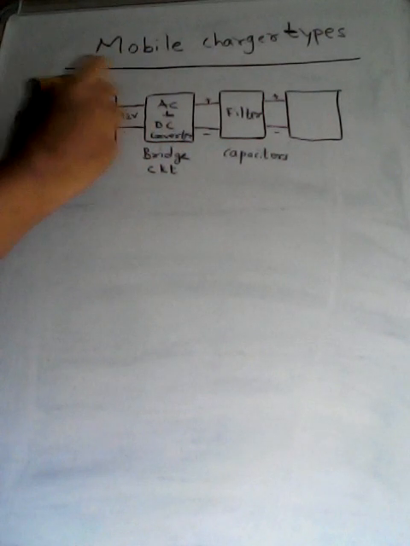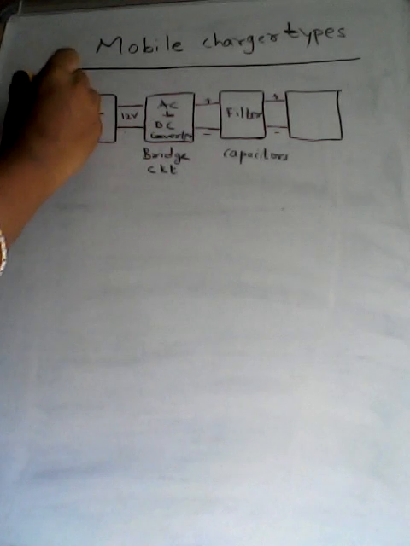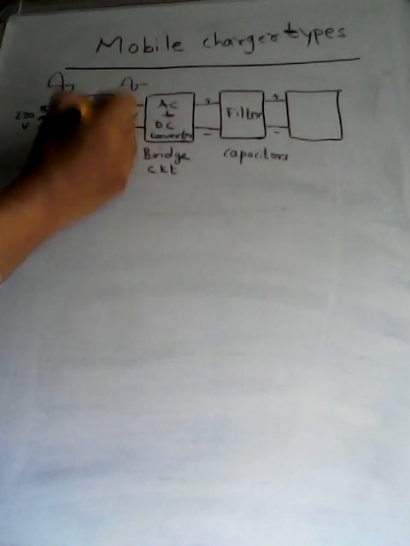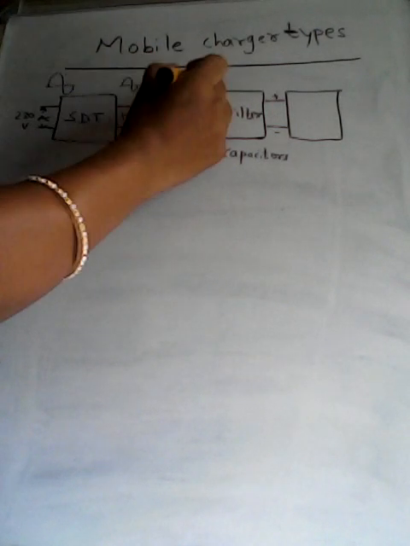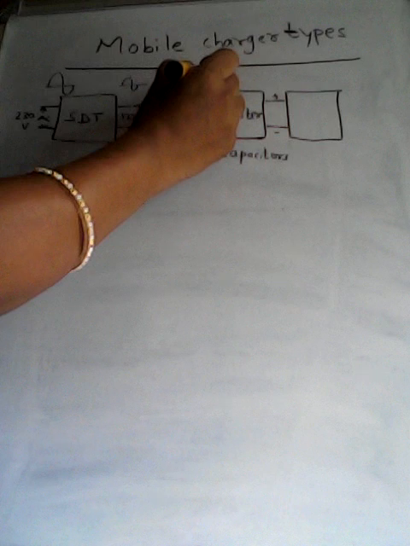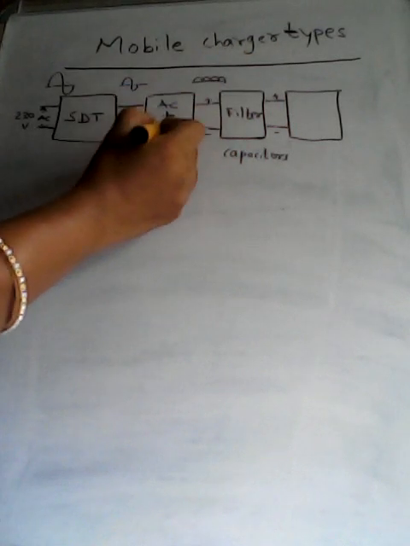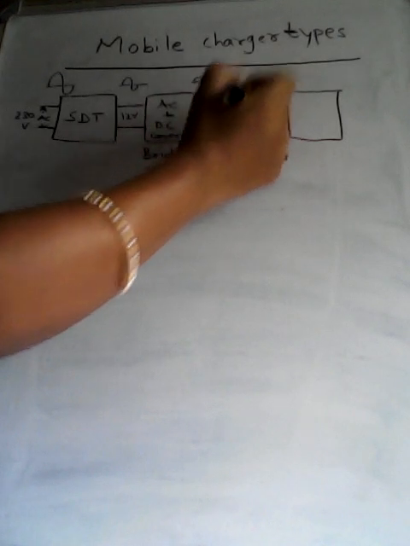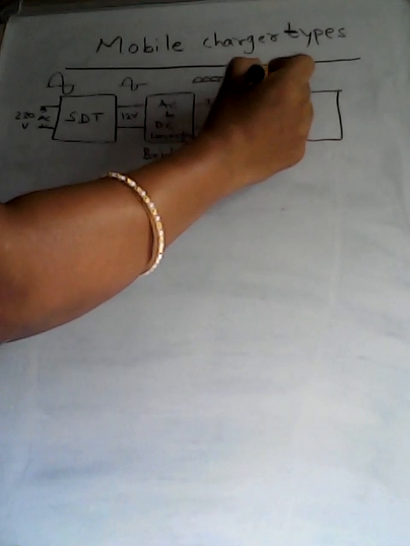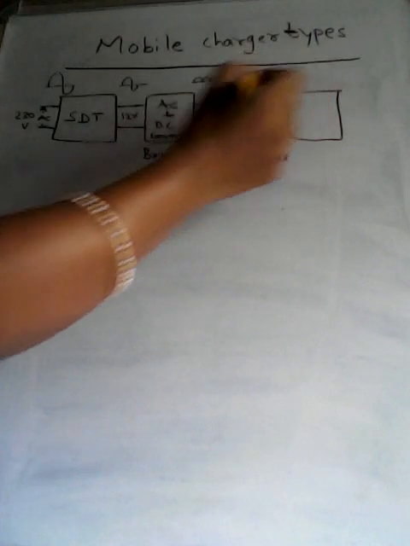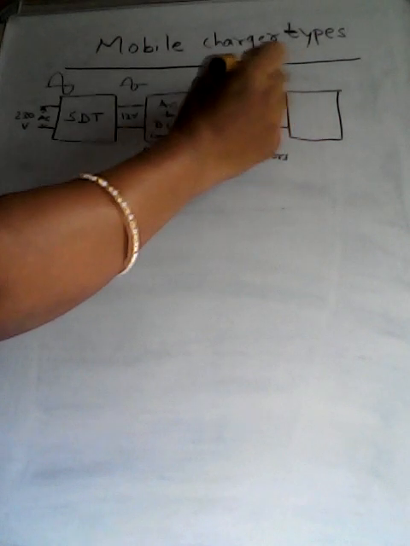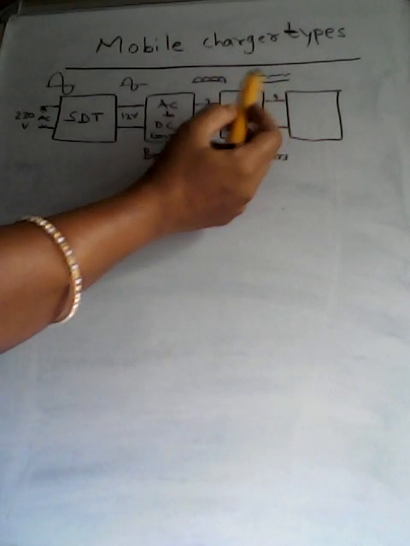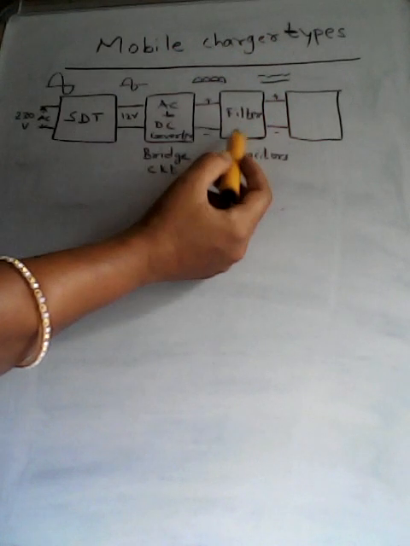If we consider the waveform also here, this is input which is AC, which has been stepped down here to 12 volts, and this is converted into DC here across these two terminals. Then the function of filter is to remove the ripples and make this almost constant, that is DC, by charging and discharging function.